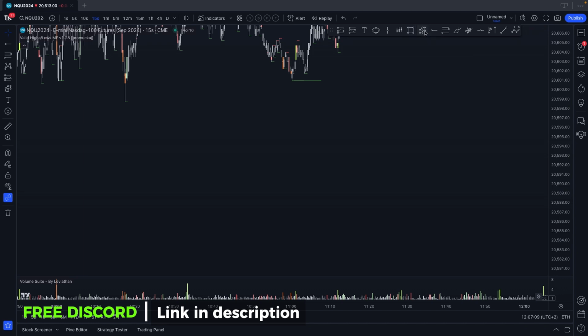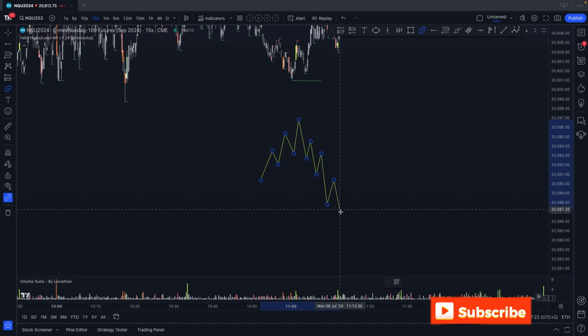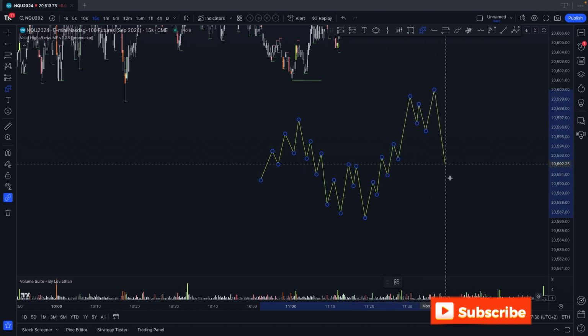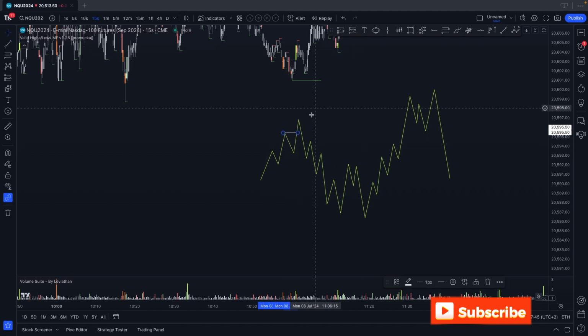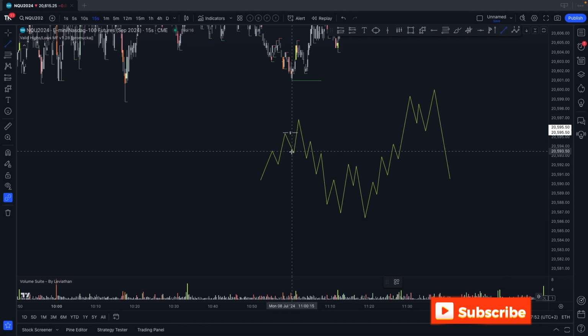My personal way to do that is looking for a manipulation. Okay, so without considering bias, without considering POI, something like that, what's a manipulation? A manipulation is basically a move in which we grab the liquidity, and so this is the liquidity, and we broke a structure.